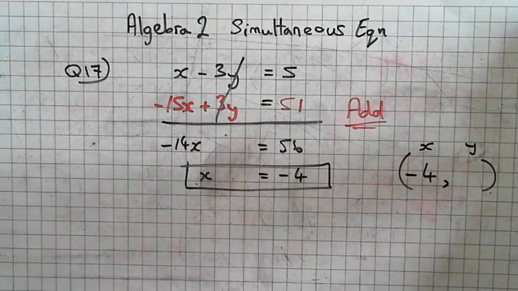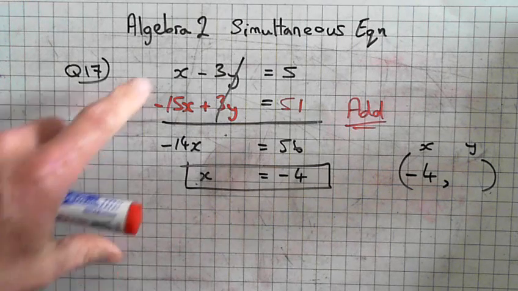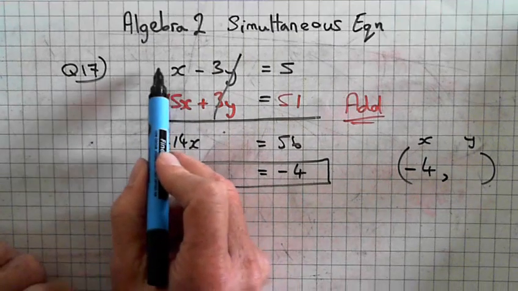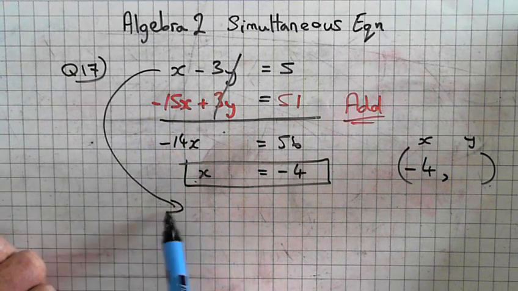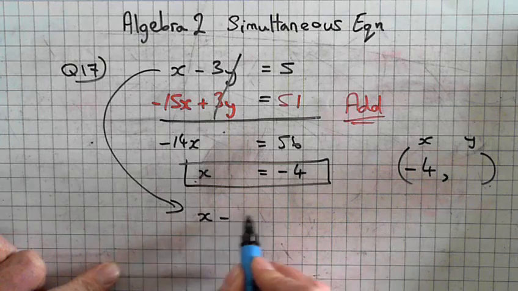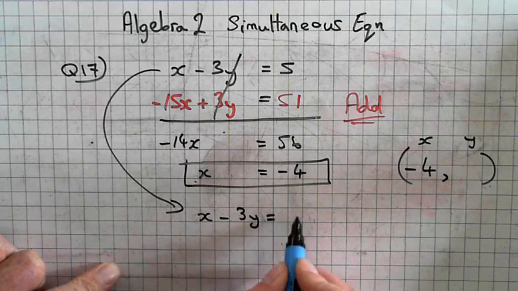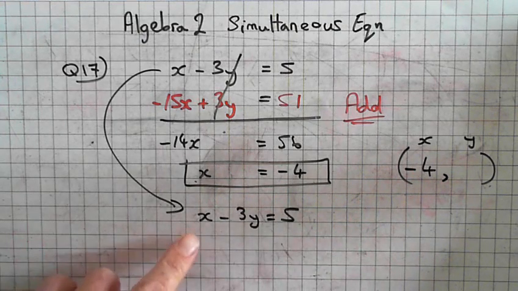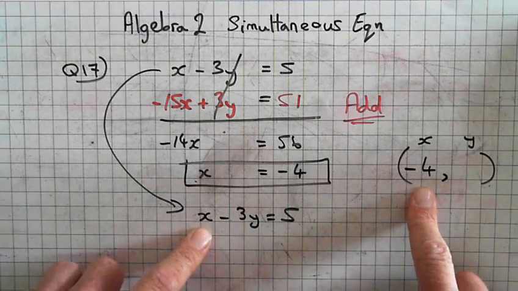I've got the x coordinate, now I need to get the y coordinate. So I choose the easier of the two equations. We'll choose the first equation. We know that x is equal to 4.